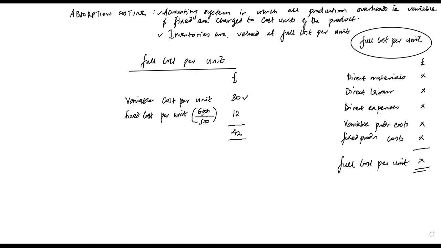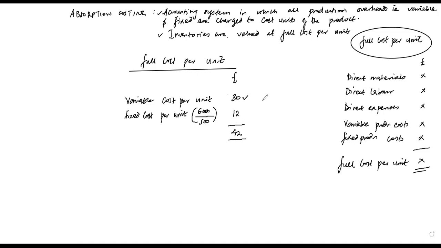The full cost per unit, sometimes it will be given, but in this case, it has not been given. But they have given us the normal activity level of 500 units and then the fixed cost per period. So meaning that each unit, the company had budgeted to incur $12 when it comes to the fixed cost.